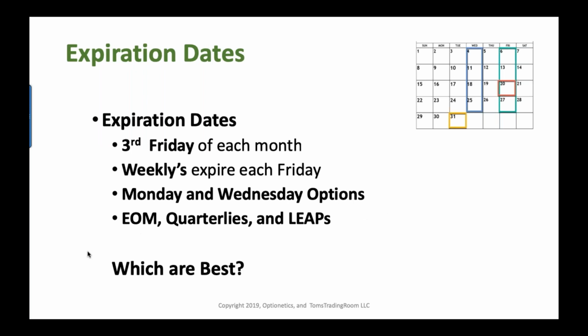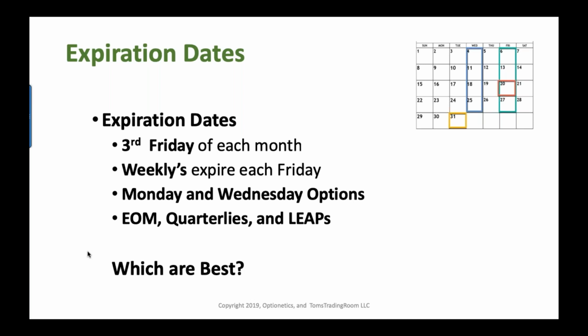Now, expiration dates are all over the place these days. We have the third Friday of each month. That's the first one I ever learned about. Then weeklies came in, which happen every Friday. About maybe 325 optionable stocks have weeklies.